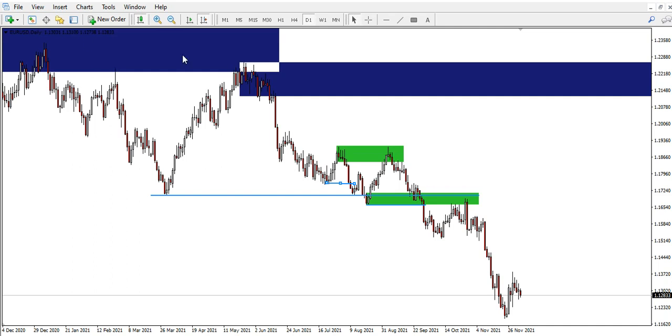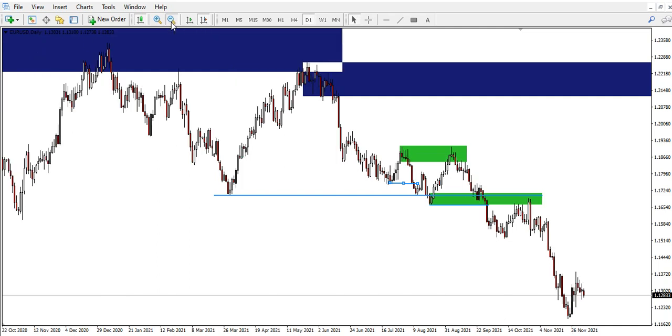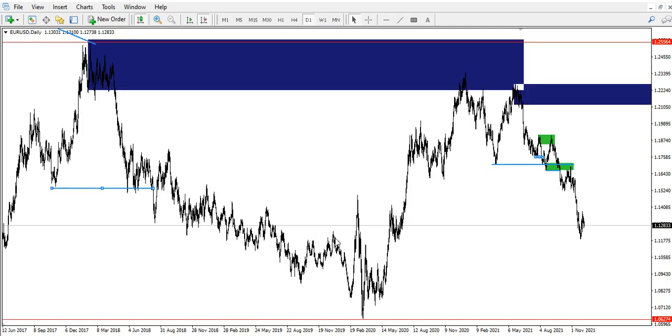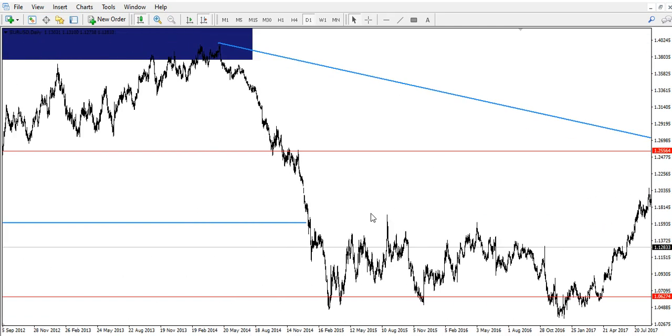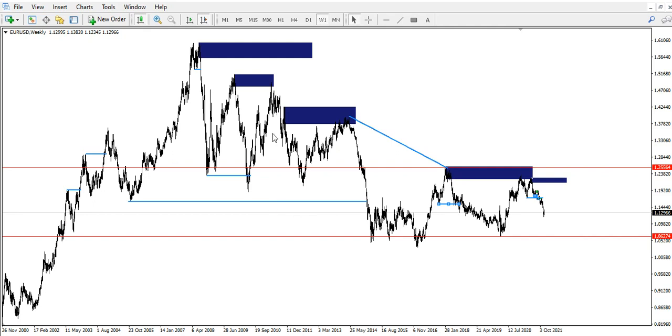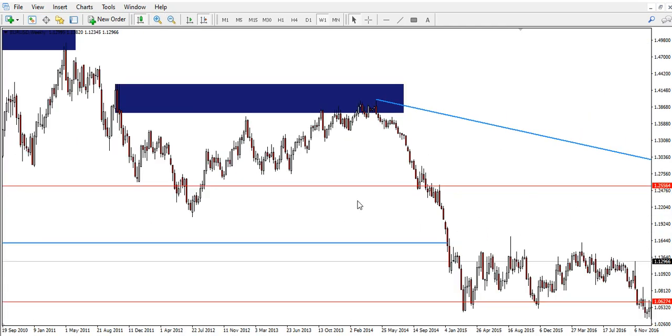Let me show you. Okay, we have to go to the time frame. This is what was our first entry, number 2, number 3, number 4, number 5, number 6. So we have 6 entries on this move only.